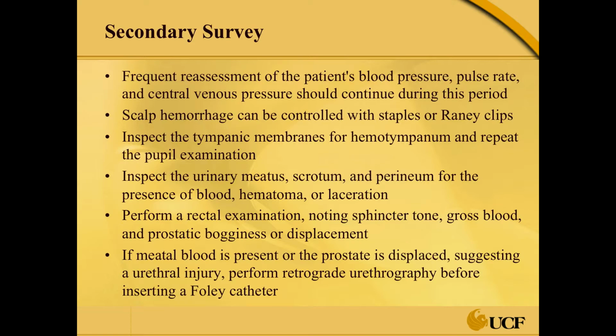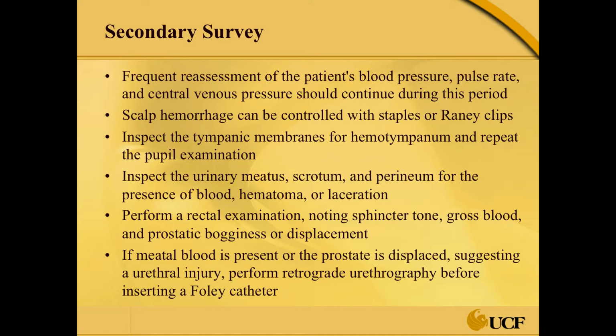And if meatal blood is present or the prostate is displaced, suggesting a urethral injury, then we're going to perform a retrograde urethrography before we put a Foley catheter down. We would never want to insert a Foley if, for example, the urethra was actually fractured for some reason, and it went through.